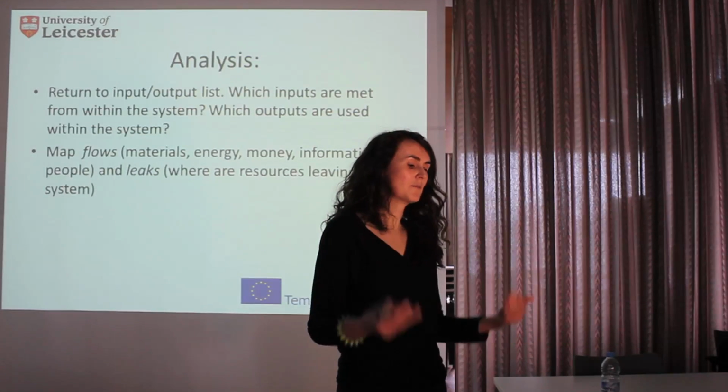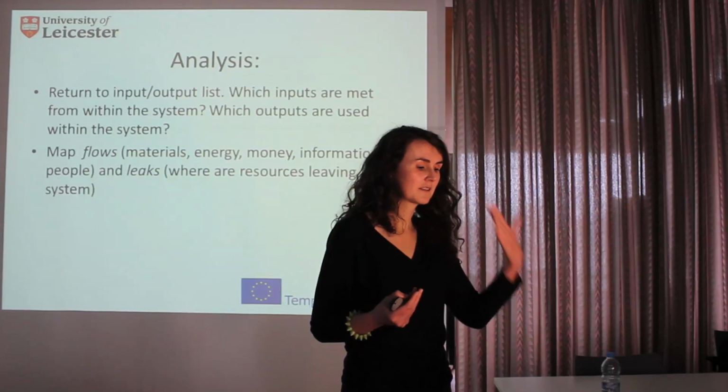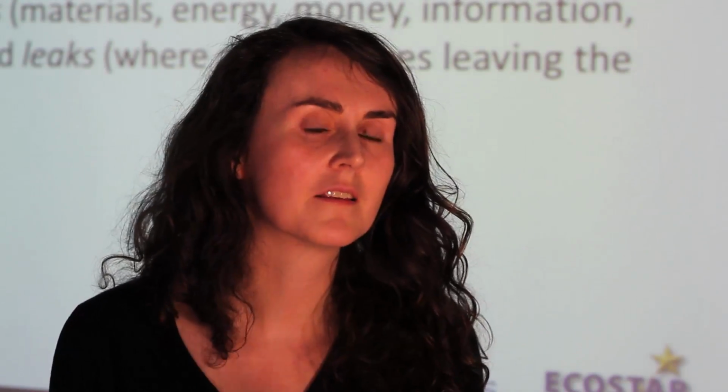As we move through the analysis, go to that list that you just produced, and you'll see that there's a tick box for each input and output. For every input that each element in the system has, think about whether that input or need is being met from within the system, or is it being imported?